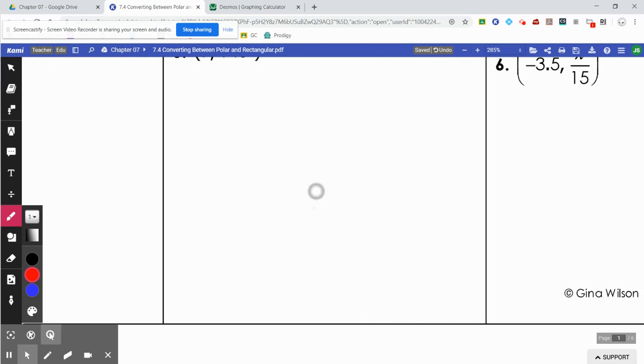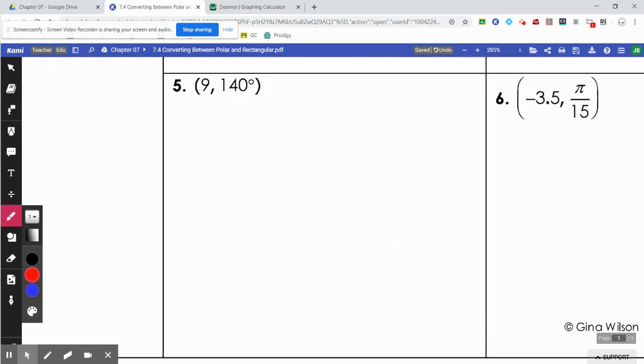Number 5, more of the same, except this one's already in degrees. So therefore, your x value will be r times, again, this is r theta, r times the cosine of theta. And your y value will be r times the sine of theta.